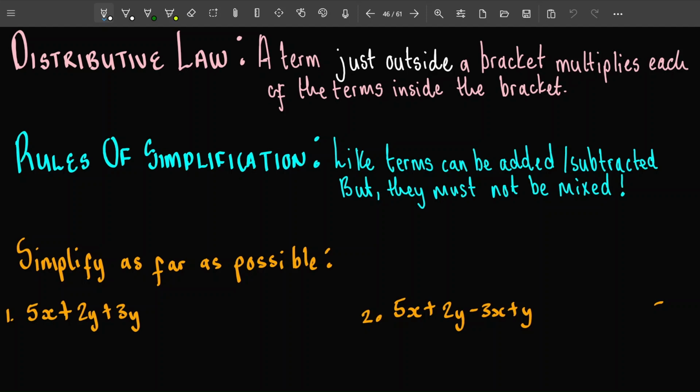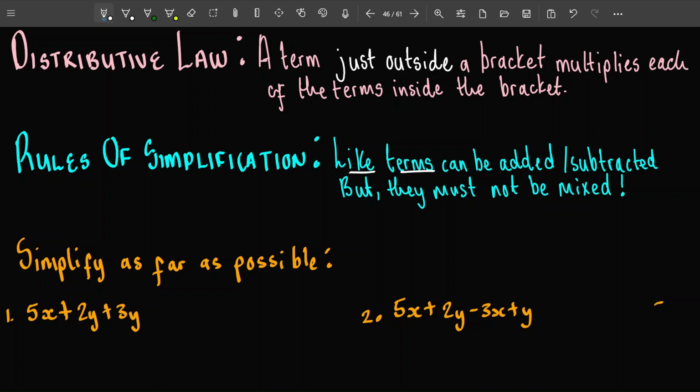What are the rules? Well, here we say like terms can be added or subtracted. What it simply means is something with an x will be added or subtracted to something that has an x only. Something with x to the power of 2 will be added or subtracted to something that also has x to the power of 2.